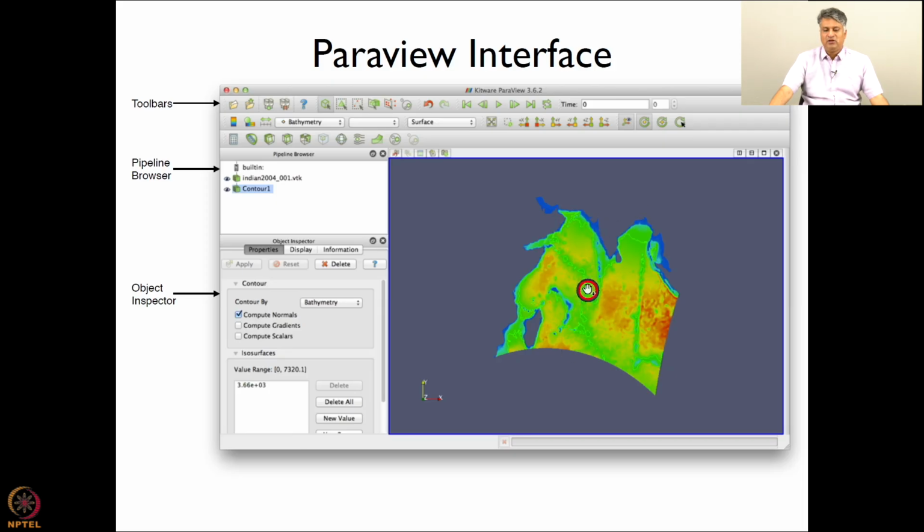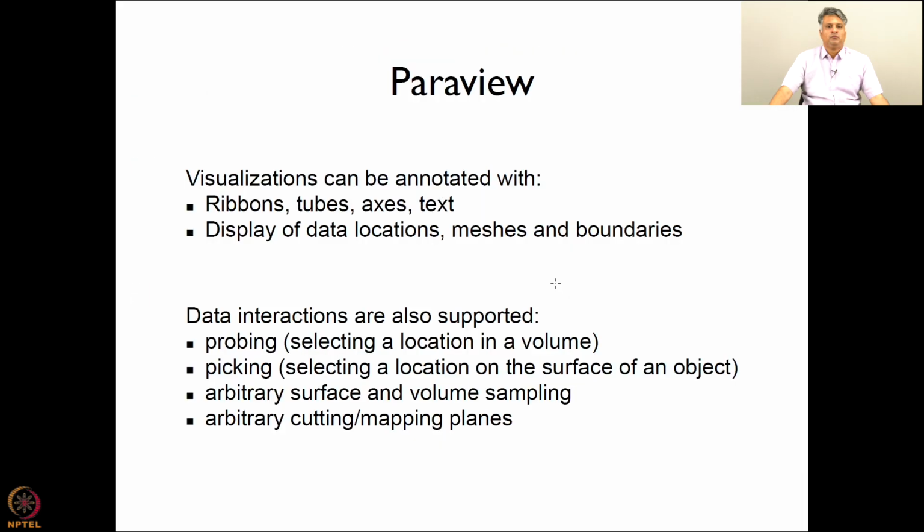We can add text to this plot and give the appropriate legend. Now, this is the case for geospatial data. You could look at any other scientific data where labeling would be really necessary, because for the layperson, most of this data might not be very obvious. So you can add ribbons, tubes, axes, text. You can display data locations, you can put the meshes, you can put the boundaries.